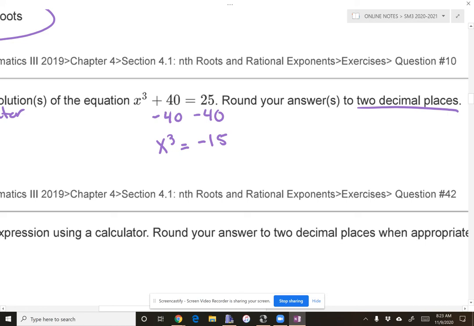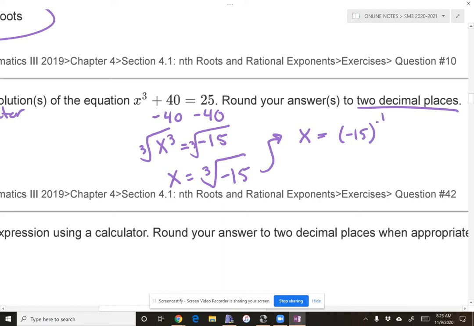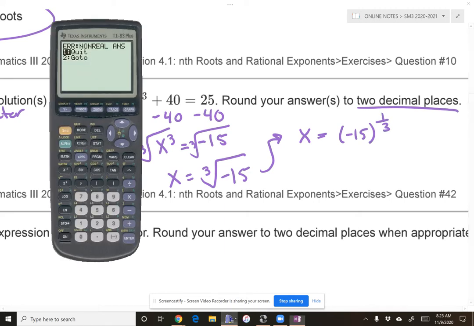And then the way we undo powers is we do this same root size. So I'm going to take the cube root of both sides, and I get x equals the cube root of negative 15. And you're like, Miss Bustle, I don't know how to figure that out. Well, we do know that I can take negative 15 and raise it to the 1/3 and use my calculator.